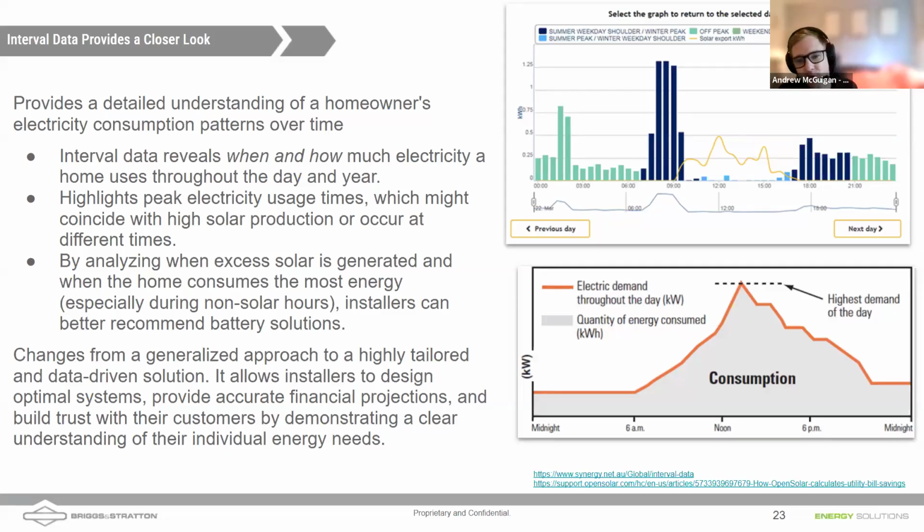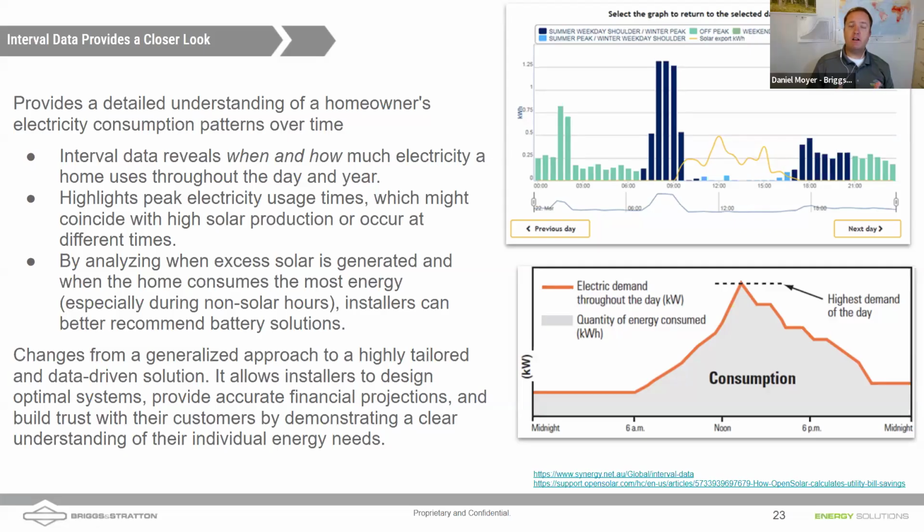So again, if you can get the 12 months of usage, that's still really great, but getting the exact consumption profile for them, the interval data, will let you get really pinpoint accurate on how you want to size that storage solution for them. Yeah, I think about some of the demographics of some of the people we sell solar to, right? You might have a retired couple that's home during the day. Most of their electrical consumption is there during the day, and they have the solar producing during the day. They don't necessarily need a bigger battery, like I mentioned earlier.